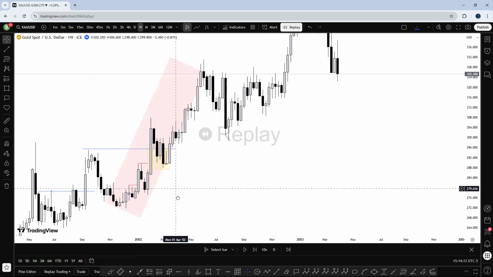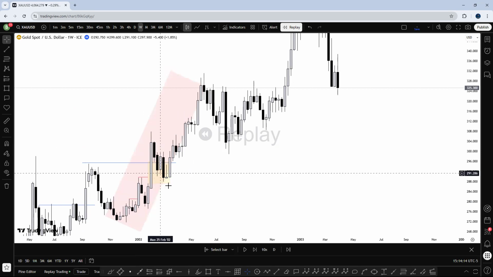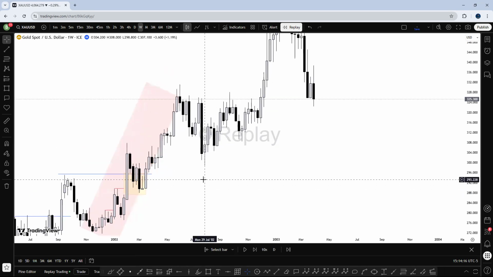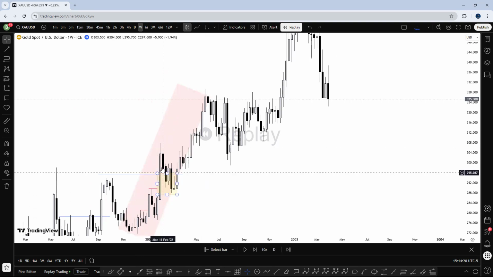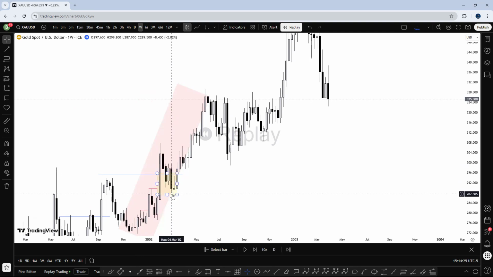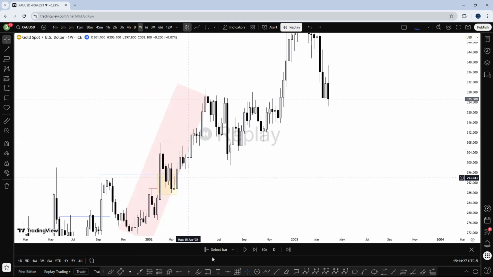You can go back and watch the videos. However, we will talk about that maybe later. So now you can see yourself that market is pushing back to this level and then it continues to go higher using this structure.